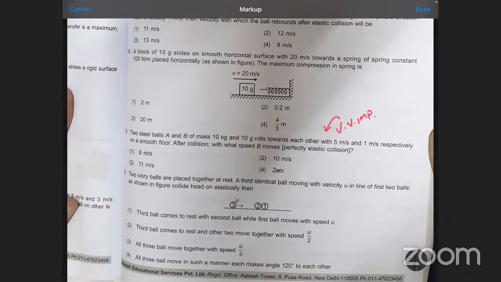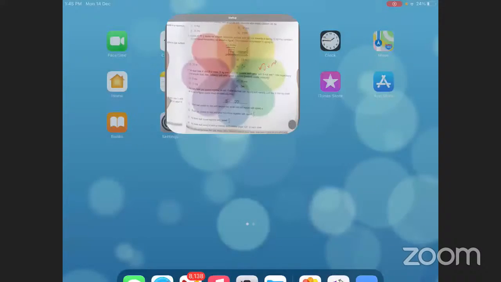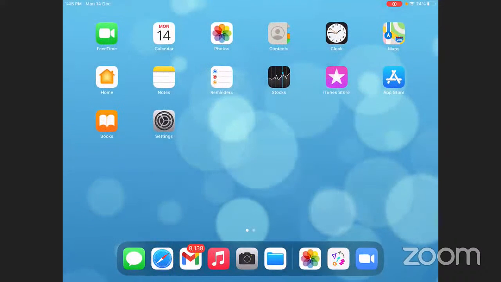Take your time. Okay. Hers copied. Devraj copied. Yes, okay sir. Very, very important. One is 10 kg and other is 10 gram.